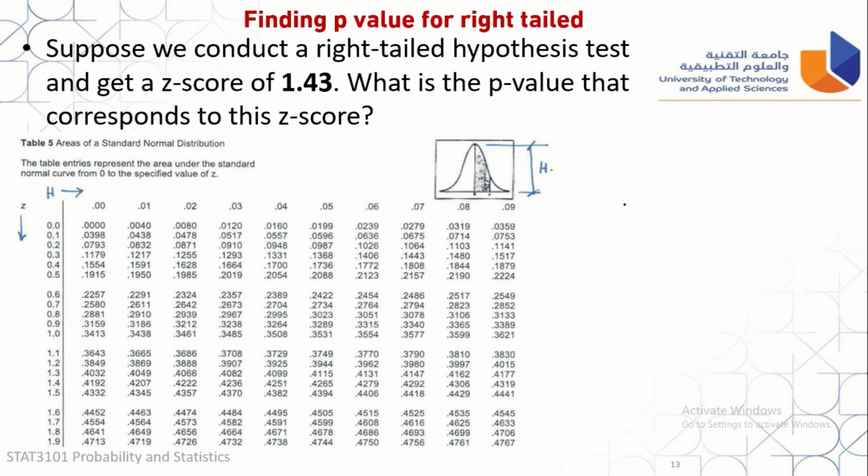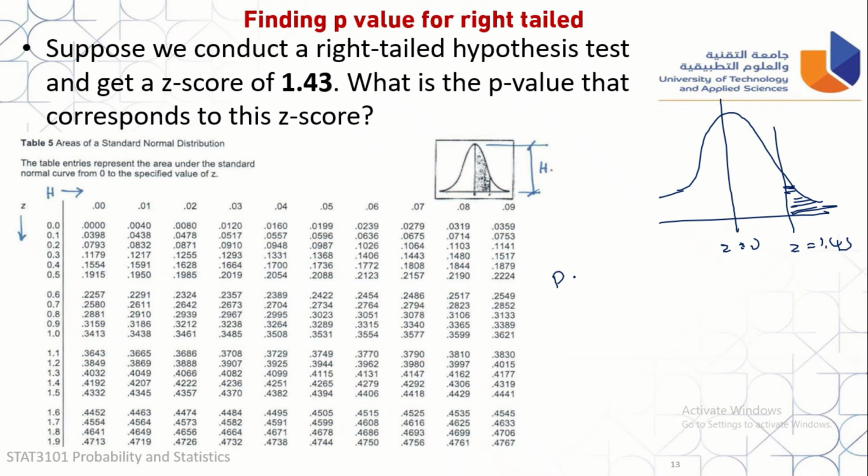It is a right-tailed test. Right-tailed test means this. Consider your normal distribution. This is z equal to 0 and here it is z equal to 1.43. I want to calculate this side. So it is probability of z greater than 1.43.